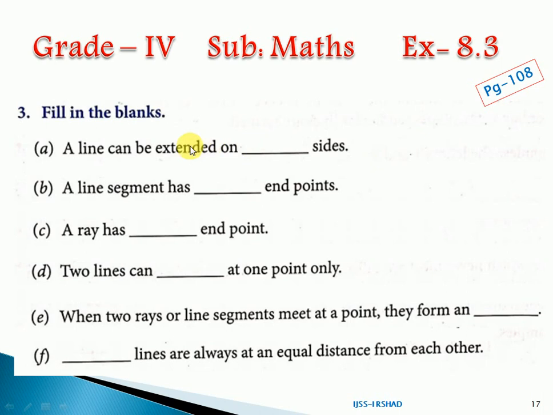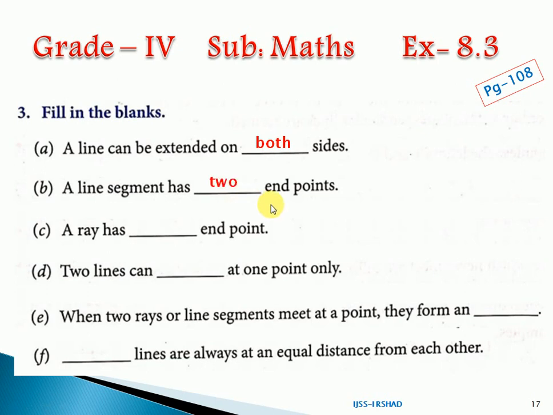Guess the answer. A line can be extended on both sides, so you can write both. A line segment has dash endpoints: how many? 2. You can write 2.